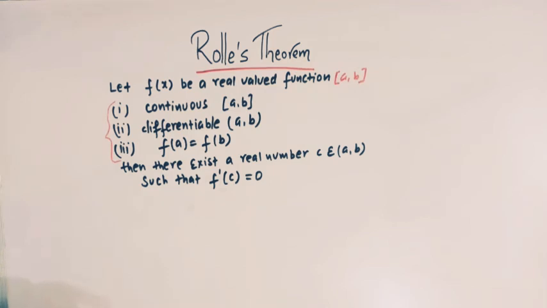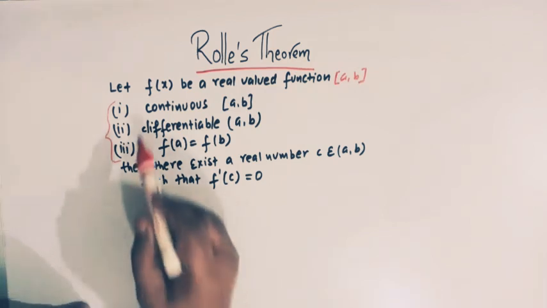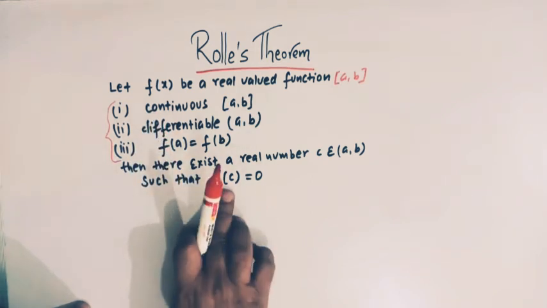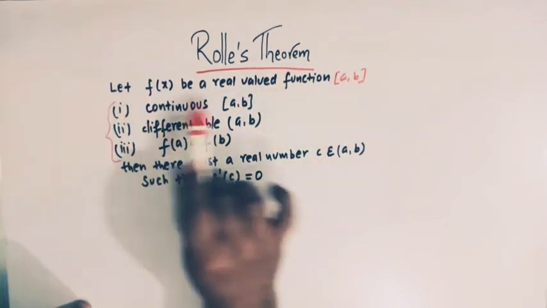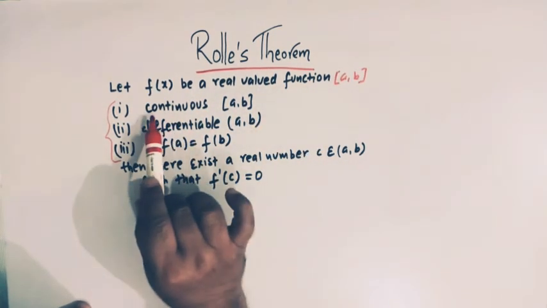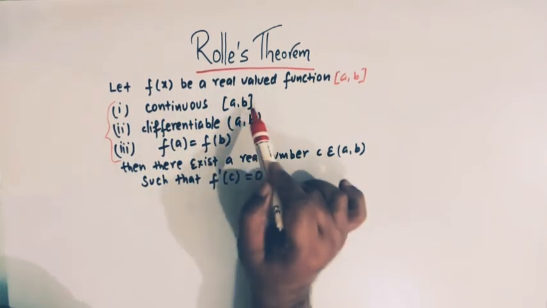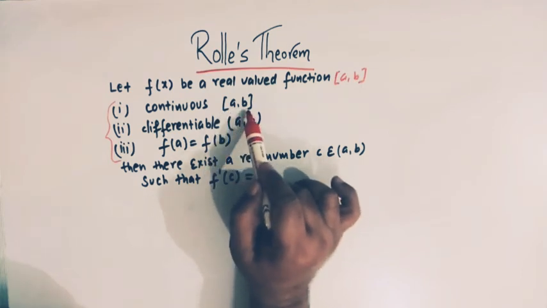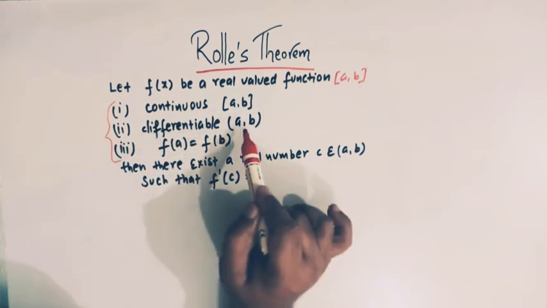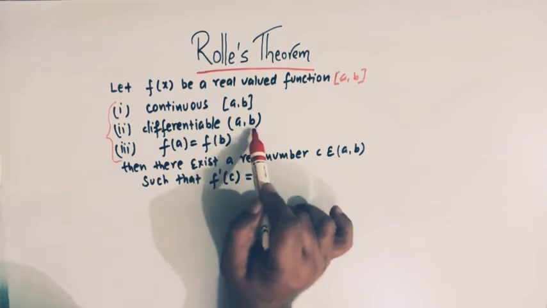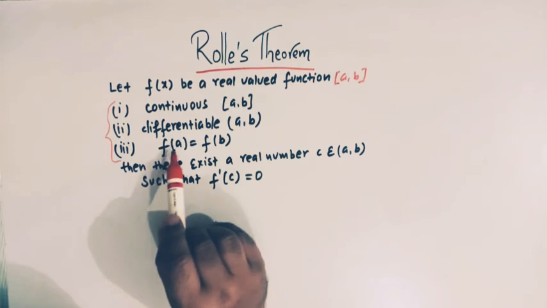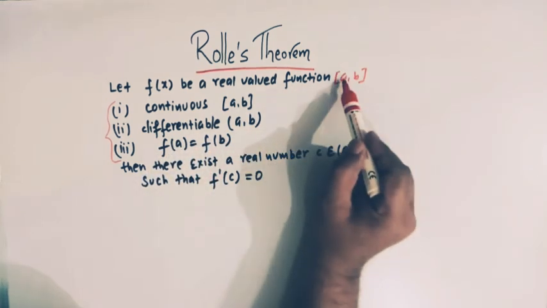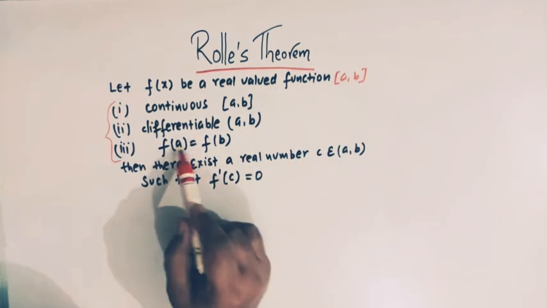What are the conditions? f(x) is continuous in the closed interval [a, b], it is differentiable in the open interval (a, b), and the values of the function at the two points a and b are equal.